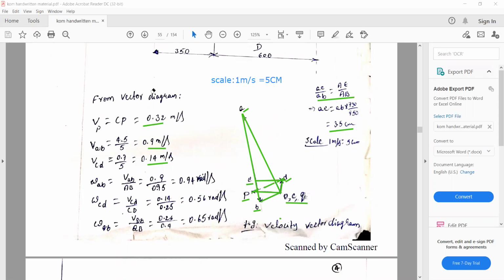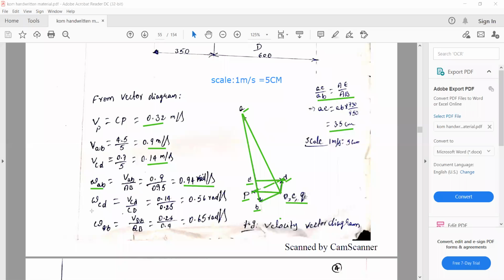Now we take omega AB. VAB is already there, so we have the relation between omega and V: omega equals V by R. That is VAB by AB. The omega AB value is 0.94 radian per second.